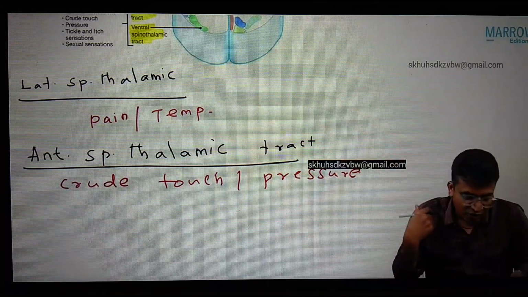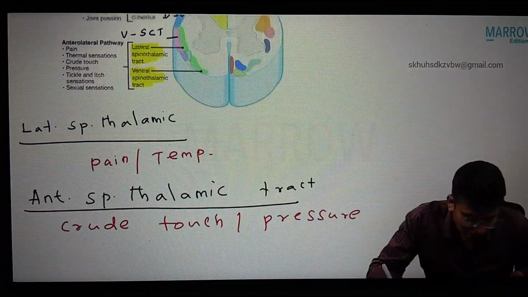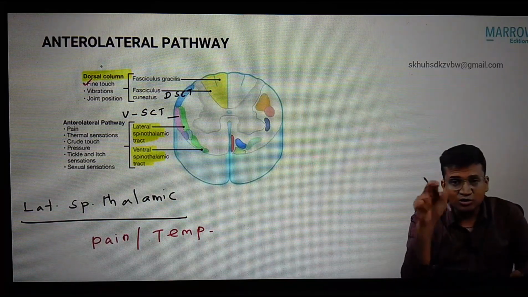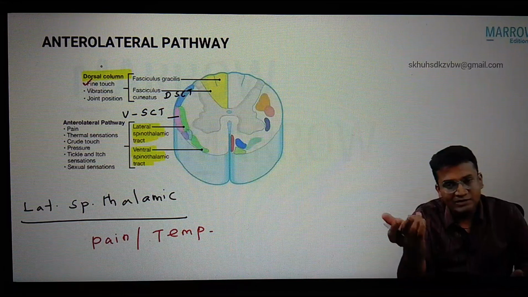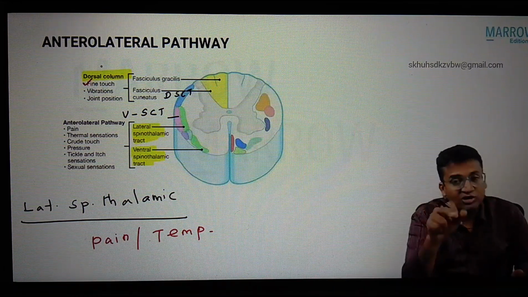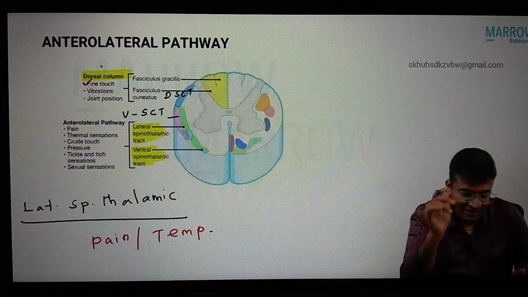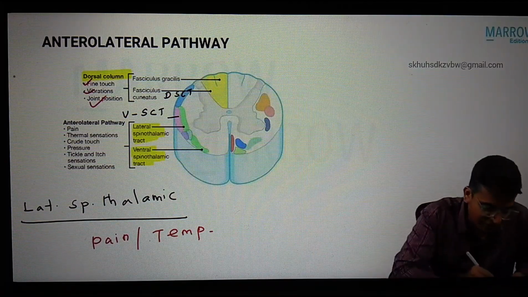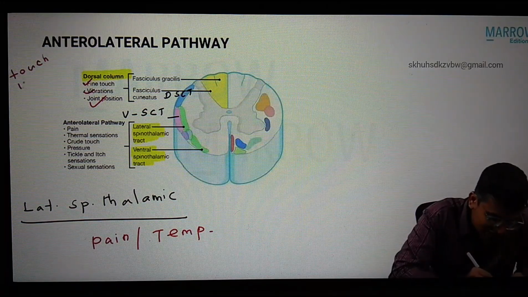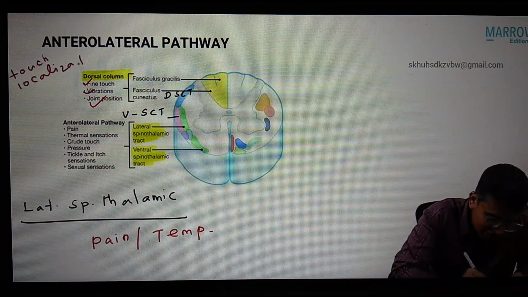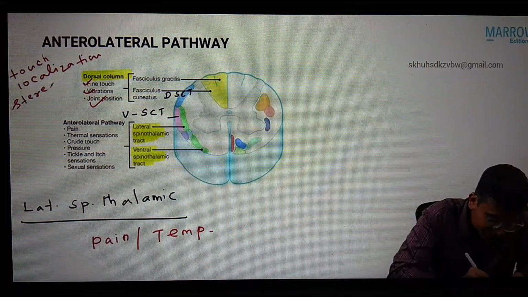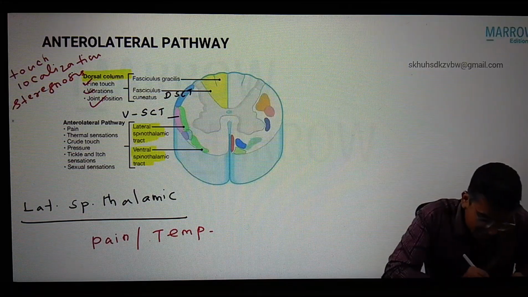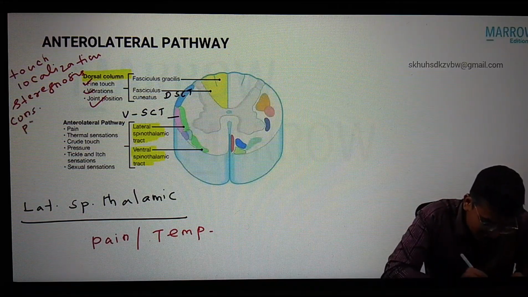Next one, your dorsal column tract, which carries fine touch. Very important. Crude touch is carried by the anterior or ventral spinothalamic tract, whereas dorsal column carries fine touch, vibration, joint sensation, touch localization, stereognosis, and conscious proprioception.